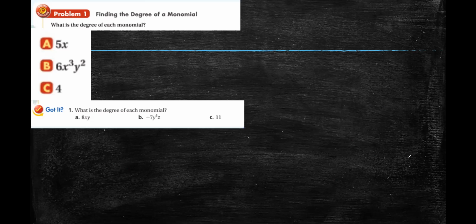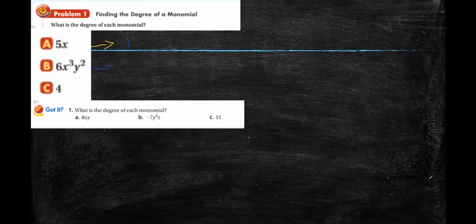Look at the first one. We have 5x. I told you that we have to take the summation of the exponents of the variables. What is the variable here in A? x, which has degree 1. So the degree will be 1.